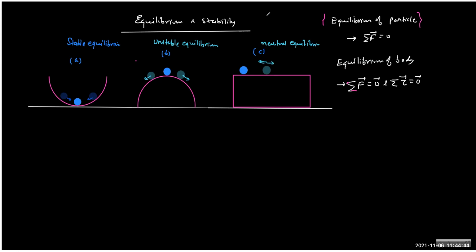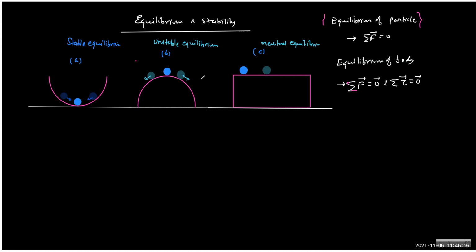So there is no tendency. So it will remain there only, right? So in case 2, the B case, you can see if you displace right, it will go right. If you displace left, it will go left. In the A, if you displace right, it will go left. If you displace left, it will go right. In the third, there is no tendency to go left or right. That's why we call neutral equilibrium.